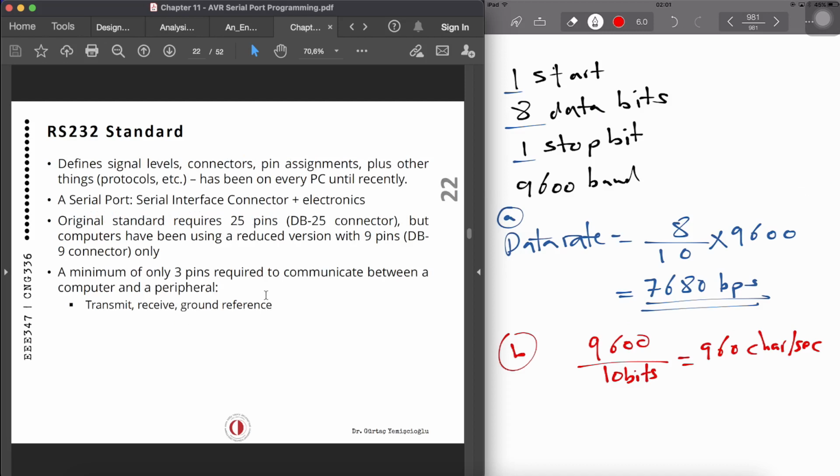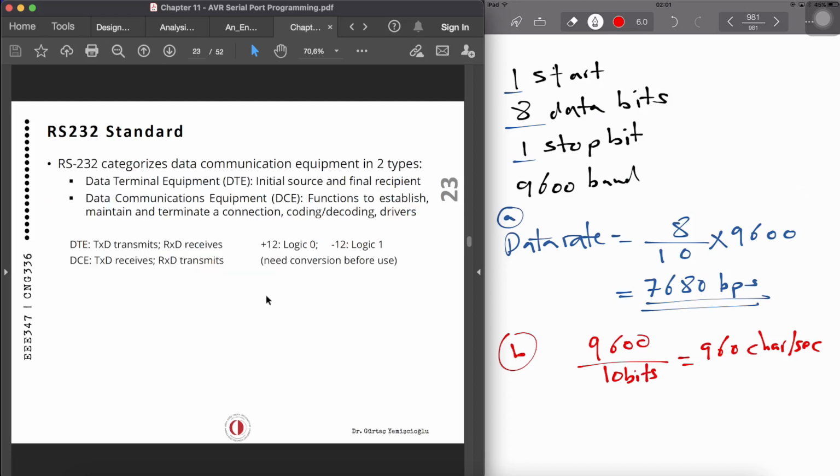So RS-232 defines signal levels, connectors, pin assignments, and some other things in the protocol, and it's a serial interface connector plus electronics. The original version was 25 pins, which is known as the DB25 connector, but then it was converted to 9 pins, and I will show you in a minute how it looks.